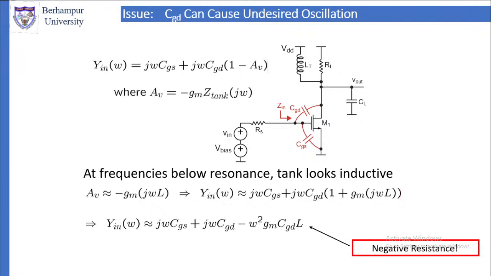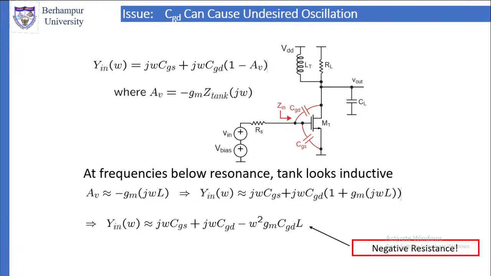The input admittance is equal to j omega CGS plus j omega CGD minus omega square GM CGD L.